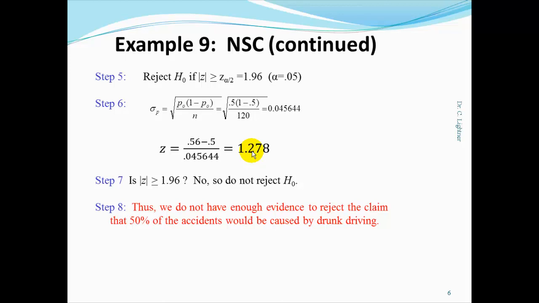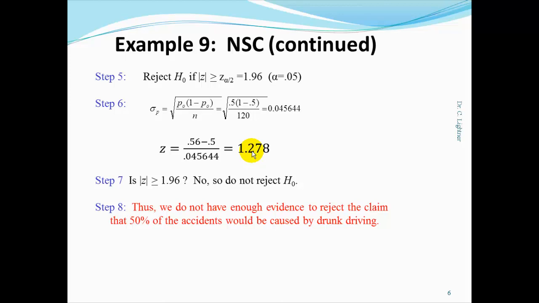We were told to reject our null hypothesis if the absolute value of z is greater than or equal to 1.96. Since our test statistic value, 1.278, is not greater than or equal to 1.96, we should not reject H0.